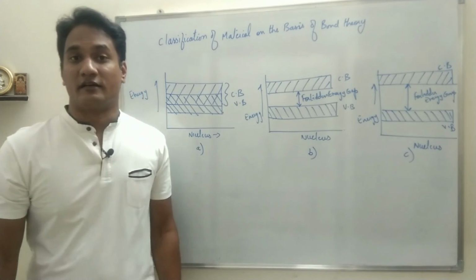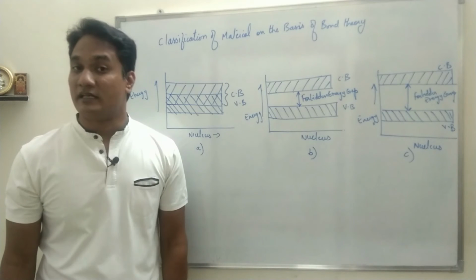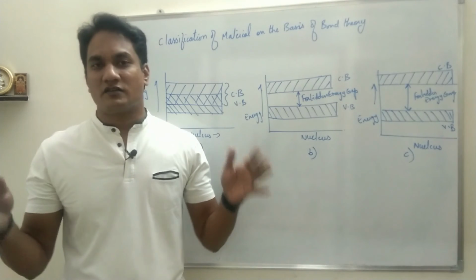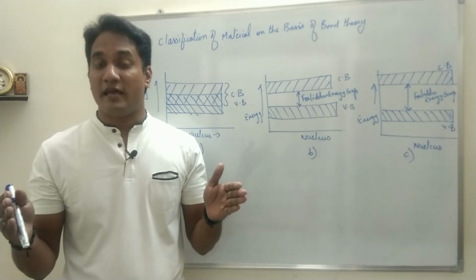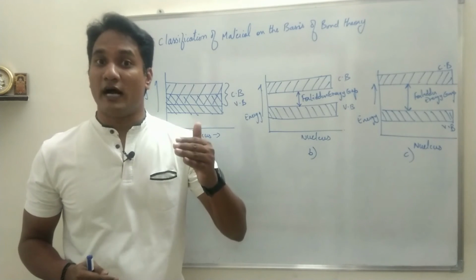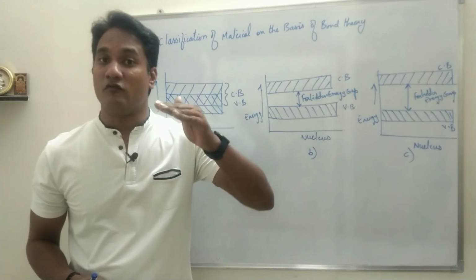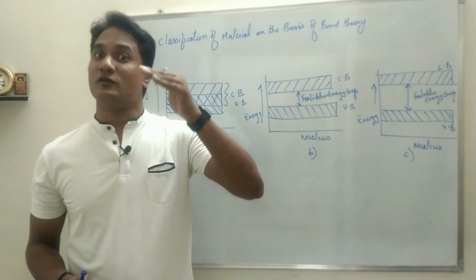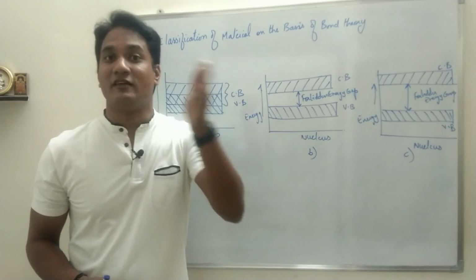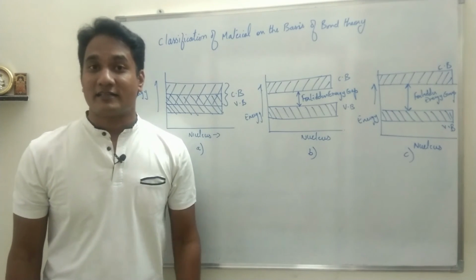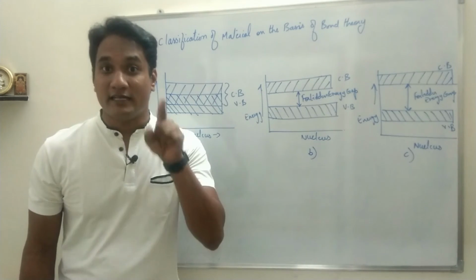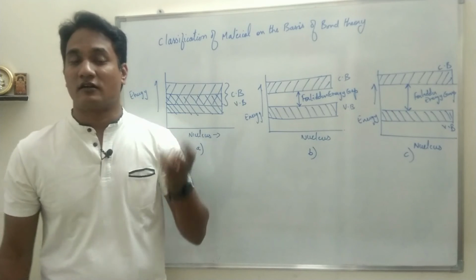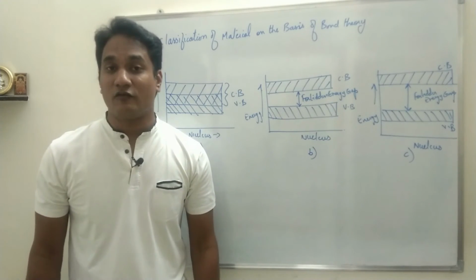Second, insulator. Insulator means the material which does not allow current to flow through it. That means a large amount of external energy will be required to move the electrons from valence band to conduction band, right? Only when the electrons move from valence band to conduction band will they take part in the process of conduction. That means current will flow in the circuit. But in an insulator, for example wood, plastic or glass, does the current flow through it?